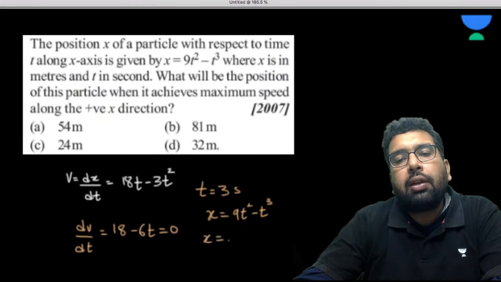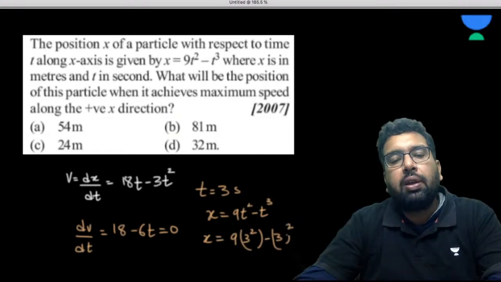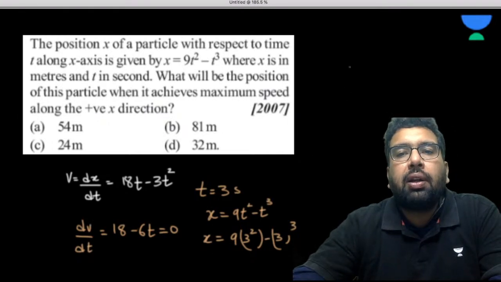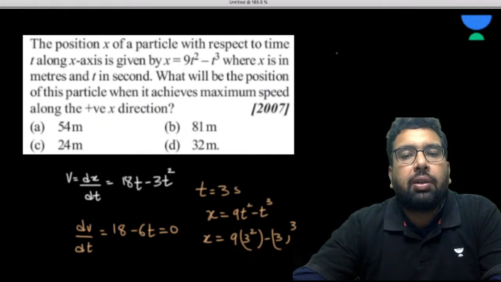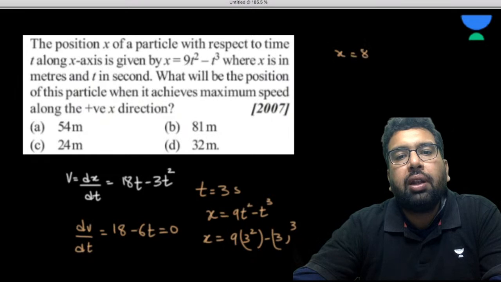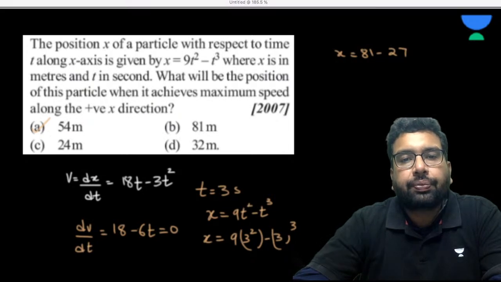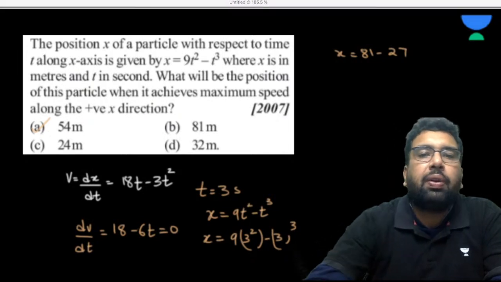So x will become 9 into 3 square minus 3 cube. That is 81 minus 27, which is equal to 54.